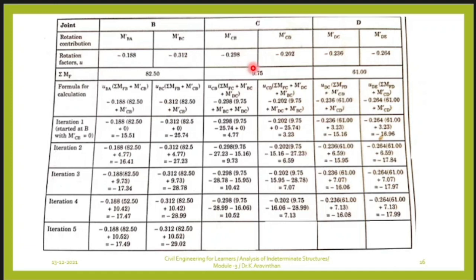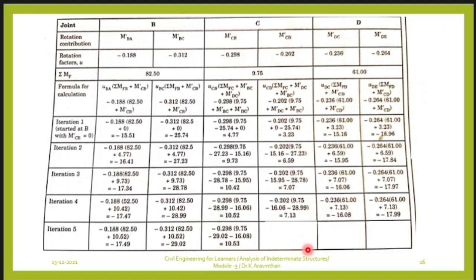Next value 9.75 plus, now this is minus 29.02 minus 16.08. Add and multiply by minus 0.298. 10.53.